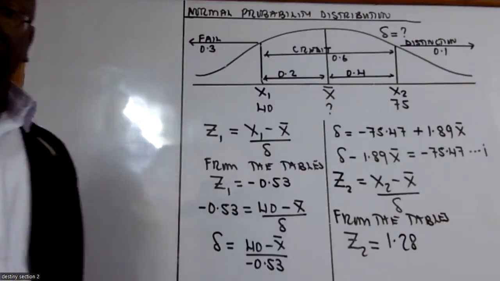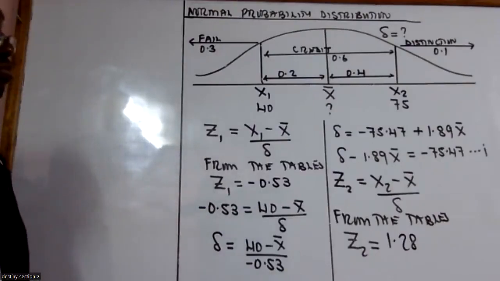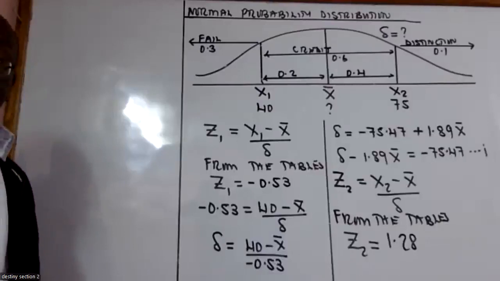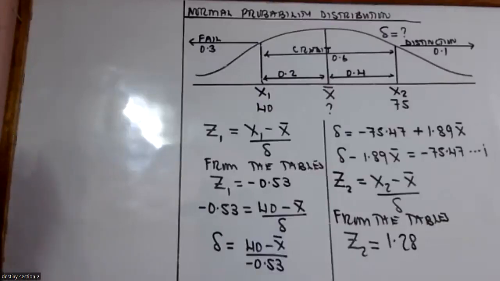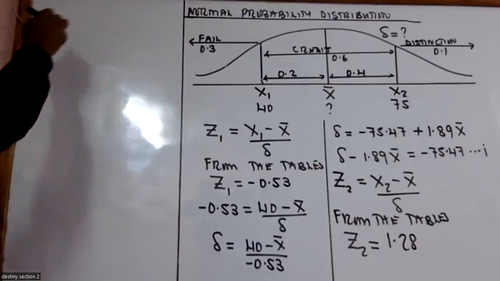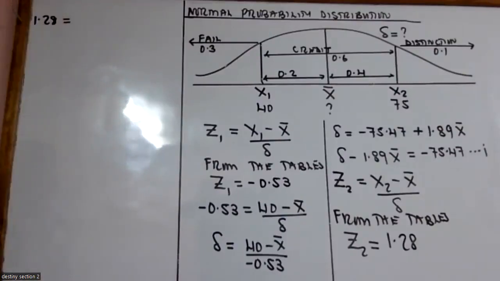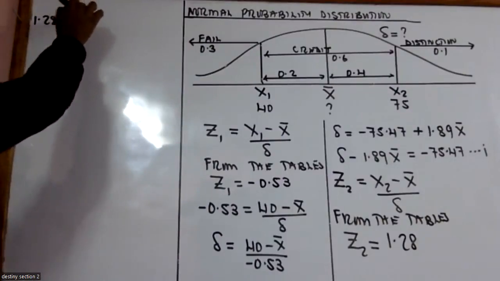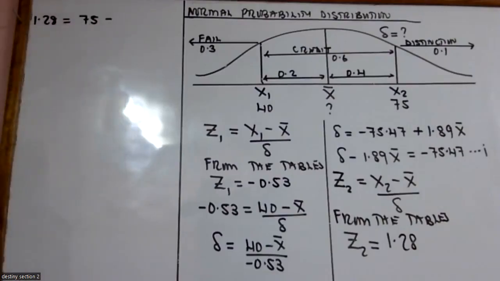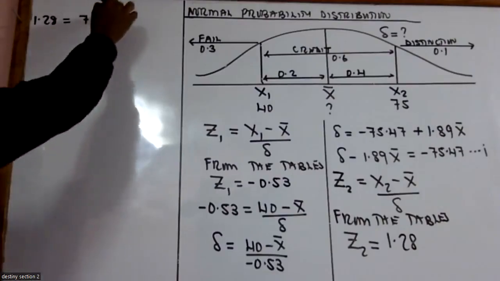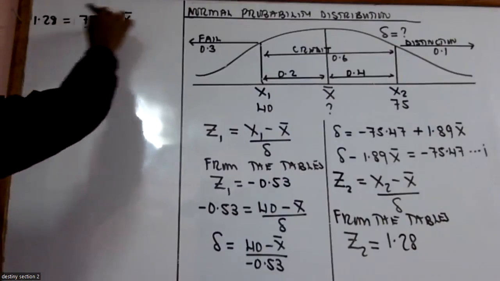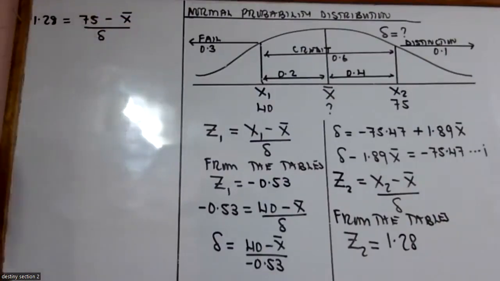Kevin, tumeiona hivyo? Yes, yes. Okay, Sam? Yes. Good. So if that is true, then we proceed down there and say 1.28 is equal to x2, which is 75, minus x bar, which we do not know, you divide by standard deviation.